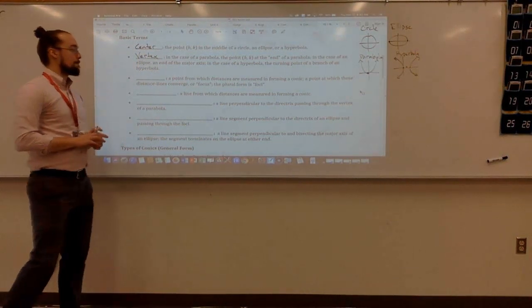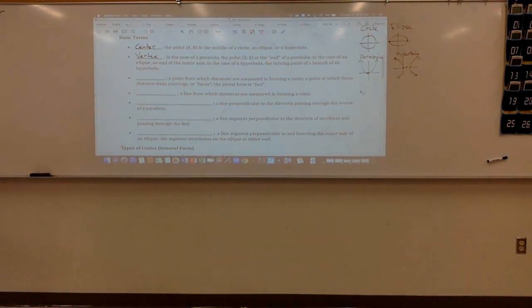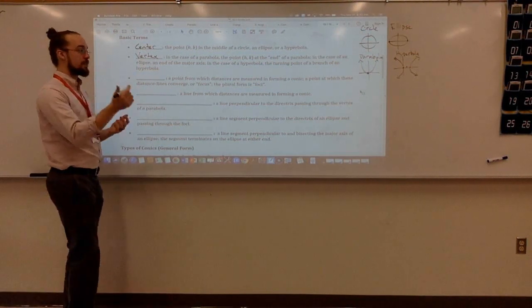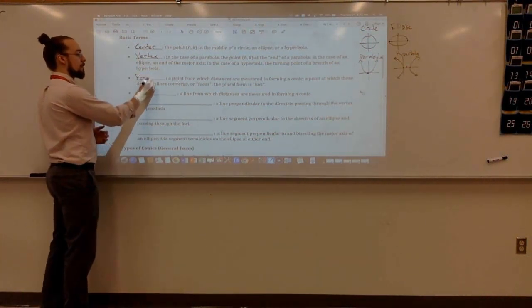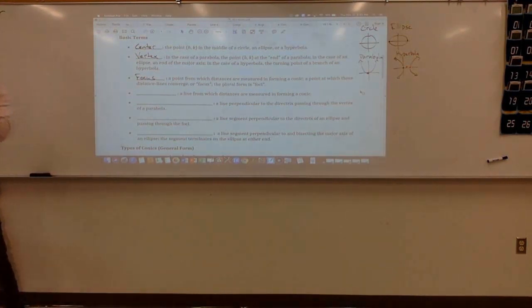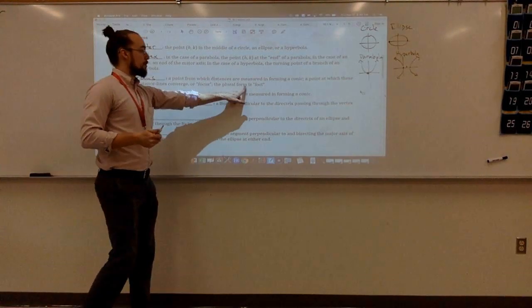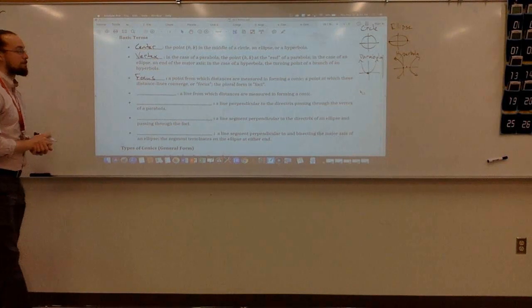The next one, a point from which distances are measured in forming a conic, and we'll talk about each of these as we go through each one individually, but we call this the focus. The plural form is foci.